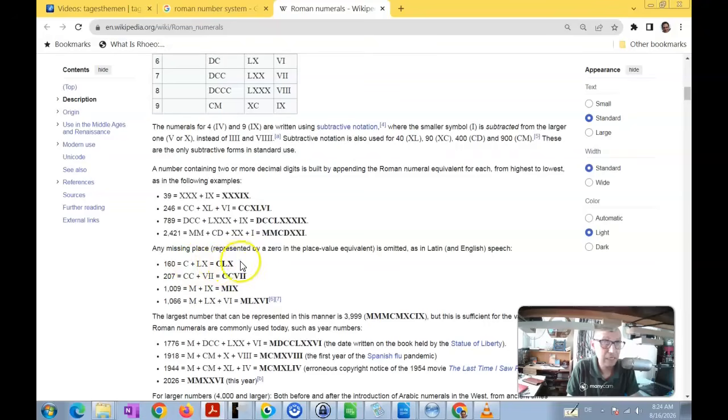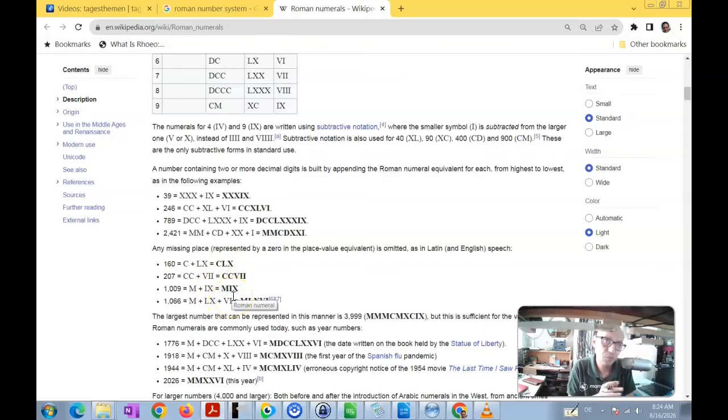So you see CLX, and in this number you can see that C has the greatest value among all of these symbols. Then L has the greatest value after that. And then after these two, X has the greatest value.